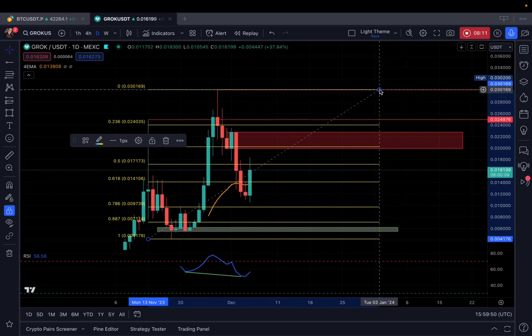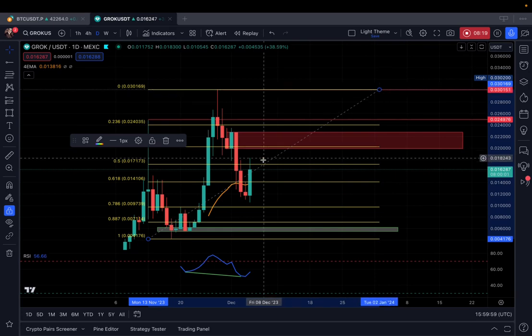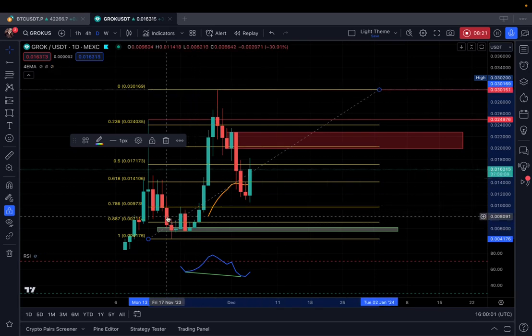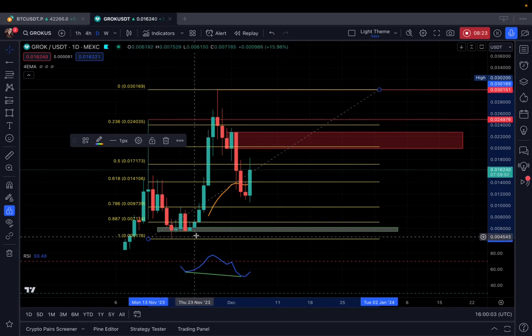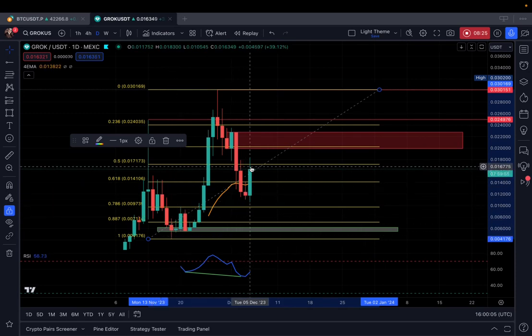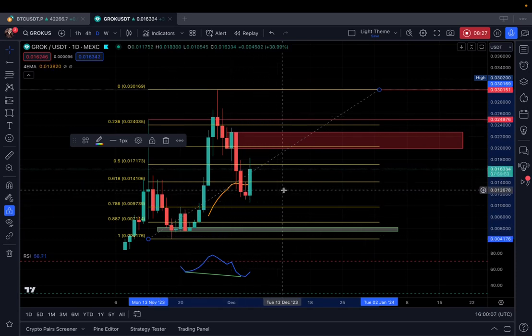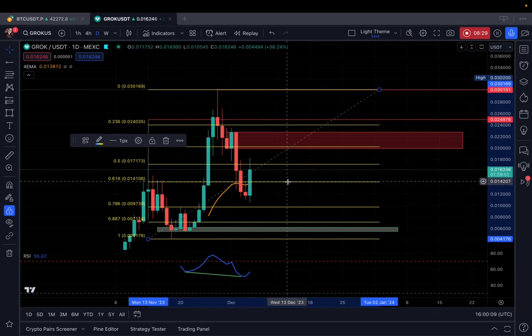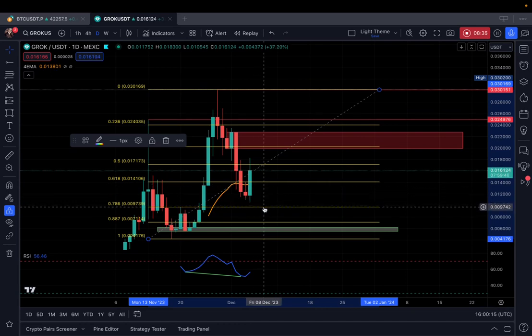But we do have one additional data point, is that the retracements on this coin, at least until now, have been deep, but maybe they will become shallower on the next low that it will make. On the next low that GROK will make, I will favor maybe not the 0.786, a bit higher.